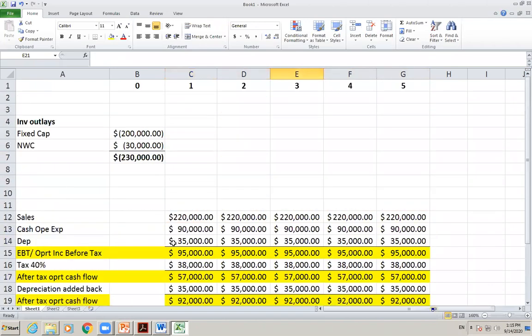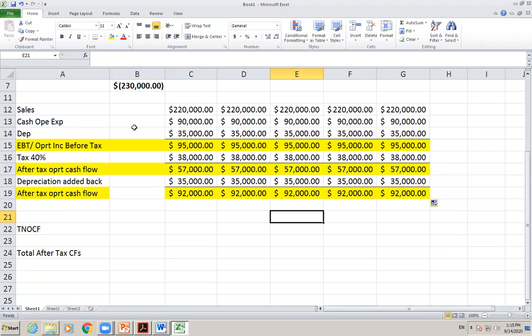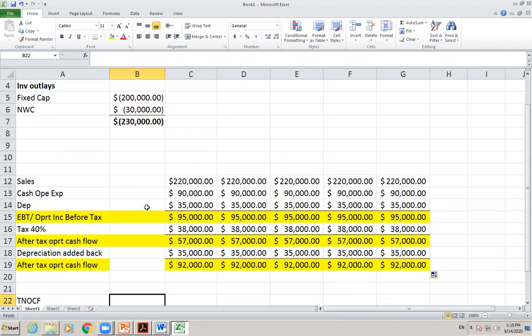That's why I ask you to use the Excel spreadsheet to make your job much easier rather than using a financial calculator. But for simplicity, you may not use it. If you assume that all numbers are the same, you will need to calculate only this part to calculate the NPV.